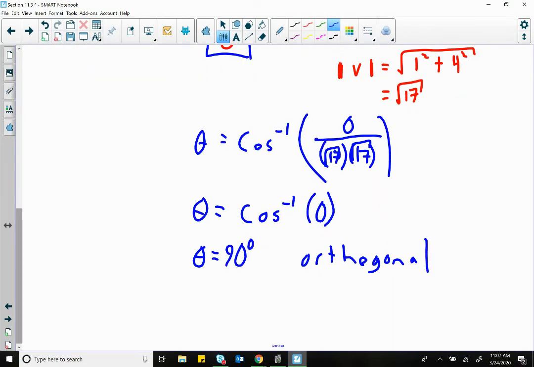Orthogonal means that they are 90 degrees between the 2 vectors. That's what orthogonal means. The vectors are perpendicular, in other words. So you will have 2 questions in your assignment that says, hey, are these orthogonal? All you do is run the dot product and see if it's 0. If it's 0, then the answer is yes. If it's not 0, the answer is no. And that is 11-3. Enjoy.